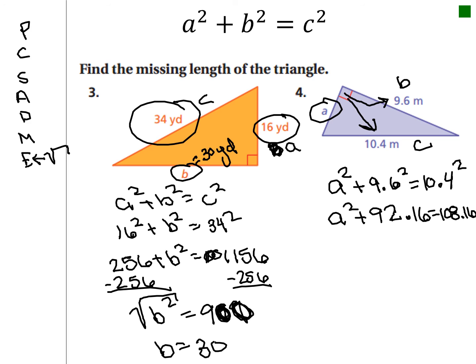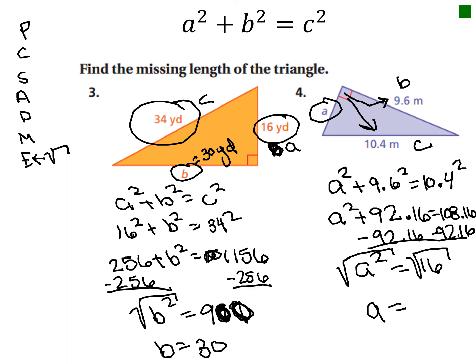All right, undo addition: minus 92.16. A squared equals 108.16 minus 92.16, which is 16. How do you undo the exponent of 2? You take the square root. A equals 4. So the missing leg is 4 meters.